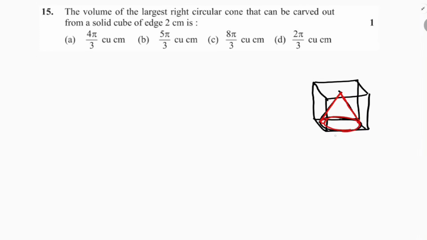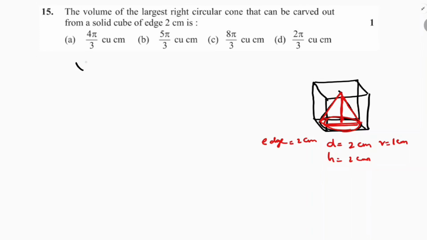So indirectly they are telling us the diameter is 2 centimeters and the height of the cone is also 2 centimeters, so the radius is 1 centimeter. Because the edge is 2 centimeters, the diameter will be 2 maximum and the height also 2. They said largest, so it is the maximum possibility.